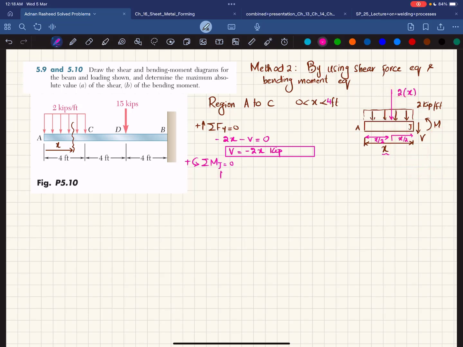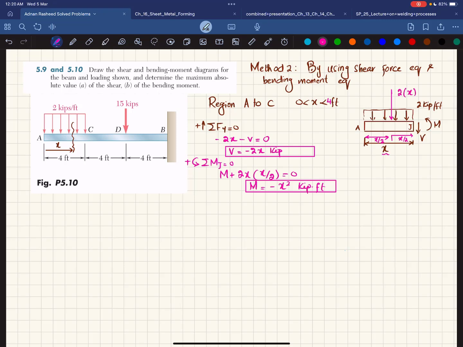So we can write plus M plus 2x into x by 2 equals 0, and from here the moment will be equal to minus x squared, and the unit will be kip-feet. This is the moment for the region AC.